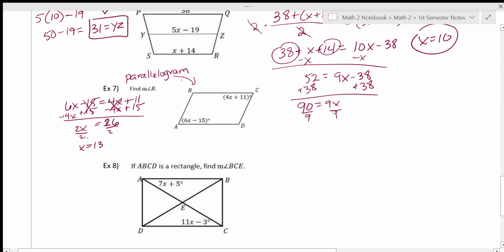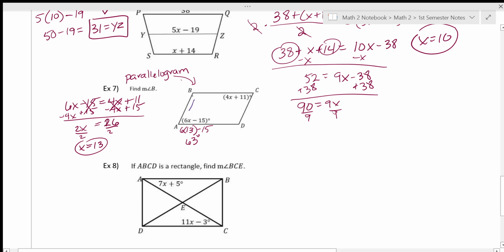However, that's not what it asked me to find. So I'm going to plug 13 in here for x. That is 6 times 13 minus 15. 6 times 13 equals 78. Minus 15 equals 63. So the measure of angle A is 63. Well, I know that the measure of angle A plus the measure of angle B needs to be 180.